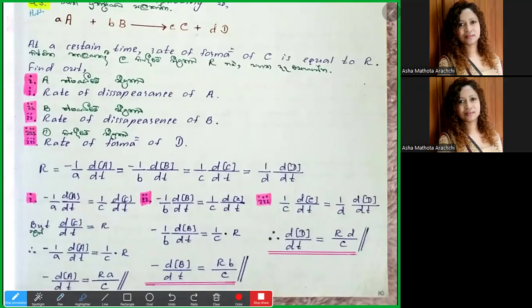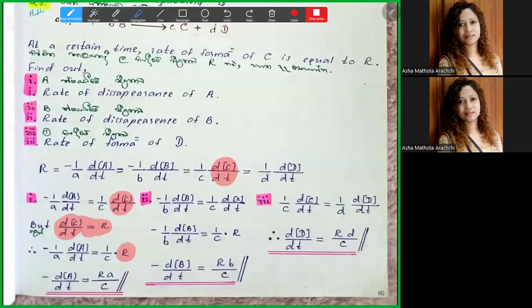And then they say dC over dt equals R. This little part equals R. So for this dC over dt, now I'm writing R. Now you can subject dA over dt, the negative sign here, then you bring the A to the other side. Then it equals RA divided by C. Good, well done.